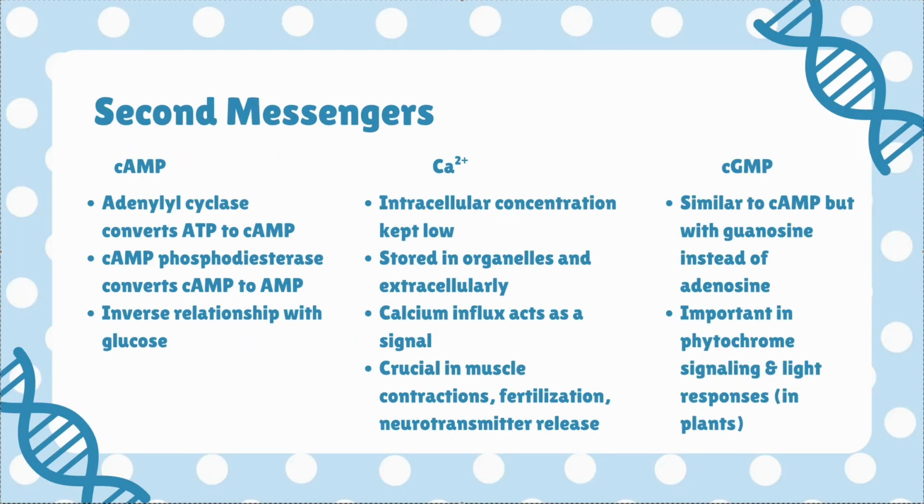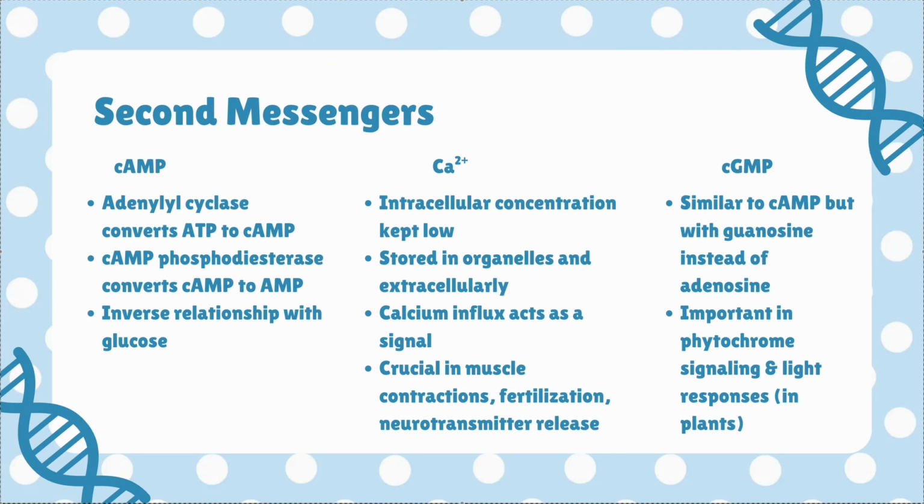Now, second messengers are small molecules that act in signal transduction pathways. So we have cyclic AMP, calcium, and cyclic GMP. Now, you do not have to focus that much on cyclic GMP, but it's nice to know that it's there.